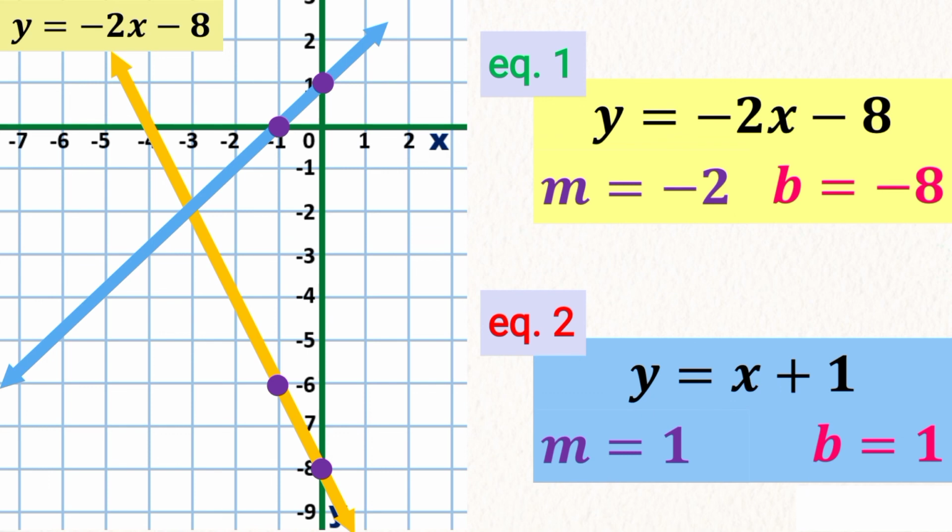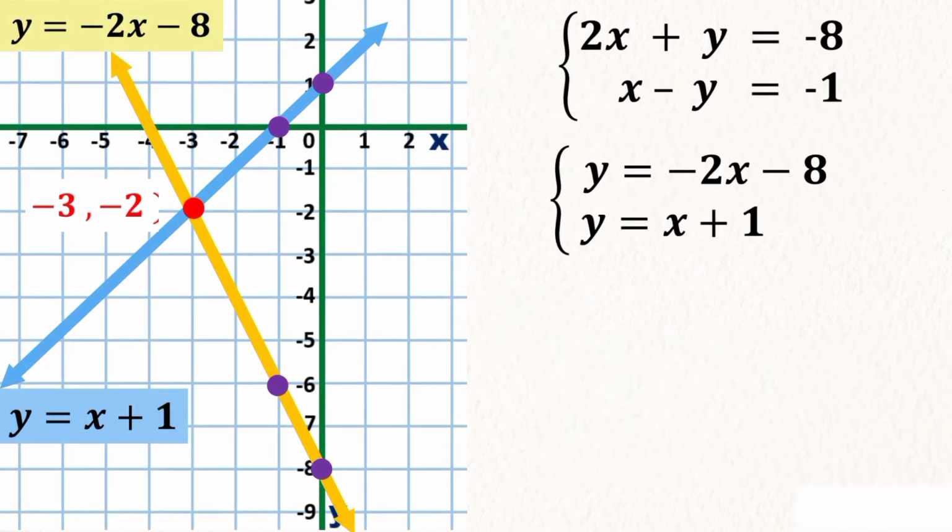And as you observe, the two lines intersect one another and there is a point of intersection. There. So the coordinates of the point of intersection is negative 3, negative 2. So it only means it has one solution, and that would be a consistent and independent kind of linear system.